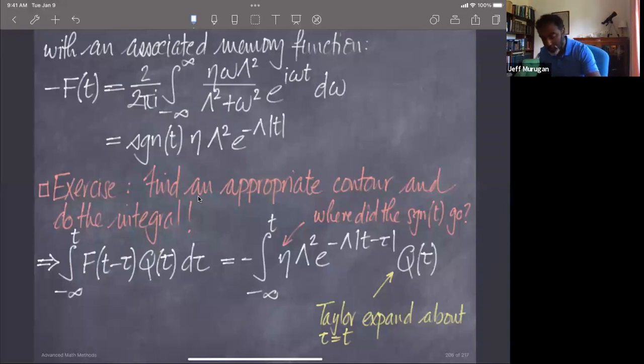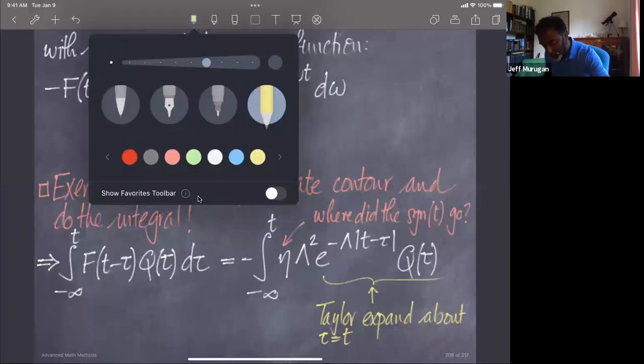By the way, sorry, this arrow is pointing in the wrong place. I want to Taylor expand the whole thing here, I want to Taylor expand this about tau equal to t.